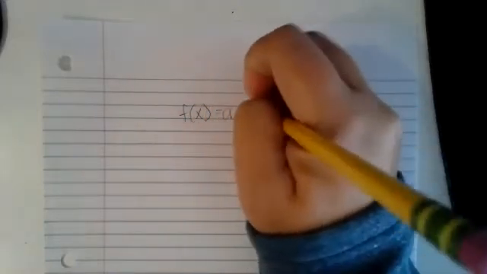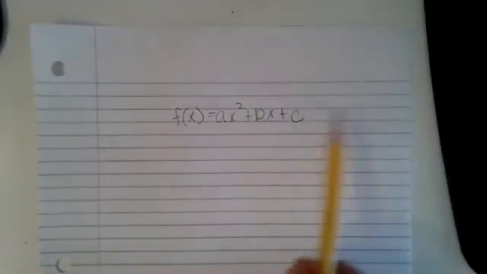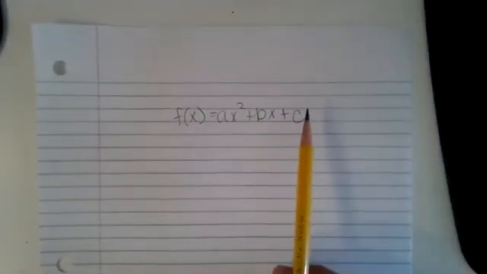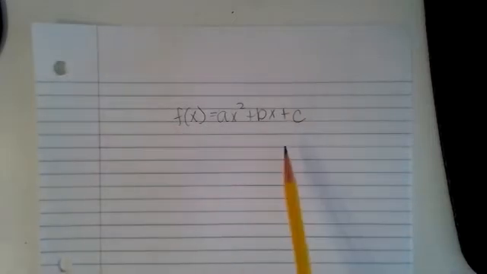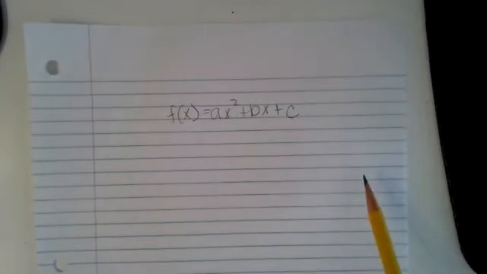So most of the time we have been looking at f of x equals ax squared plus bx plus c. And when we looked at this in our factoring unit, we called this a polynomial, and we said that we needed a to be one or more, right?